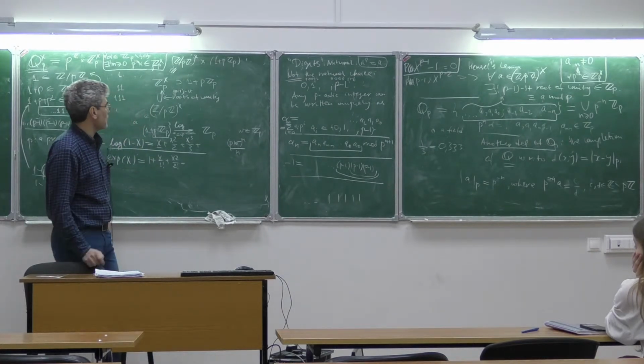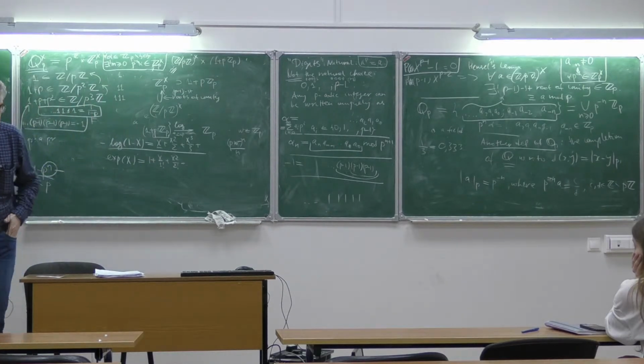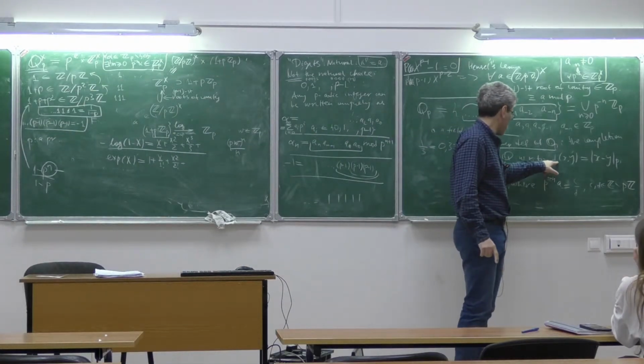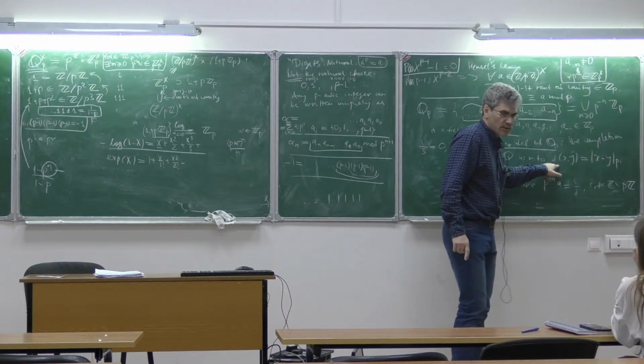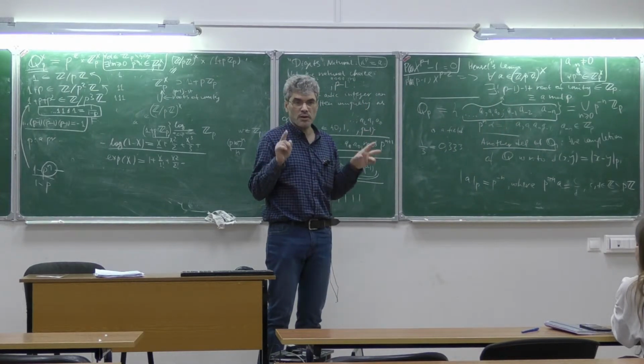Oh, by the way, I should say something about this distance. When you want to check that something is a distance, the only thing you have to check is the triangle inequality.